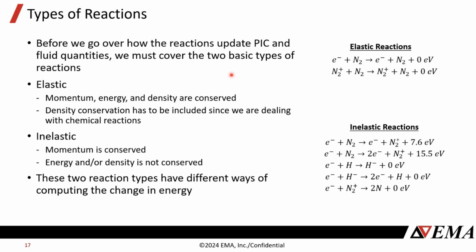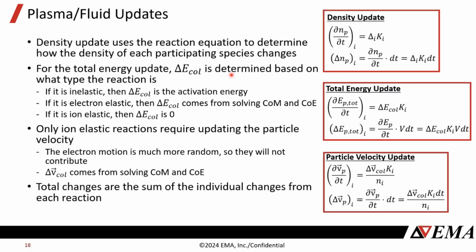But for us, the big difference between these two reaction types is going to be how we compute the change in energy. For the density update, it's pretty much going to be the same for either elastic or inelastic reactions.